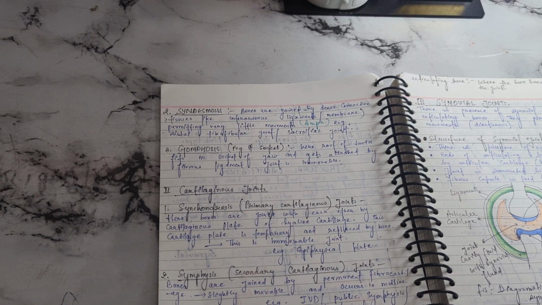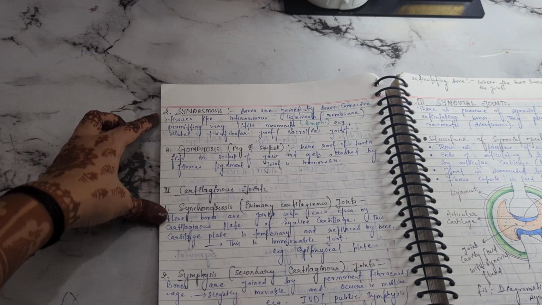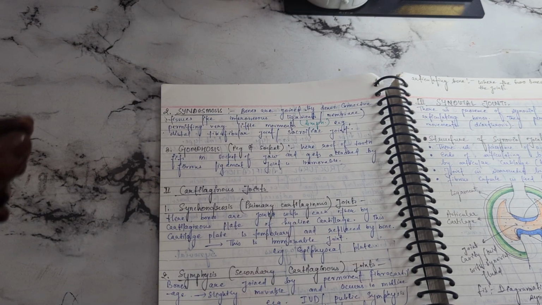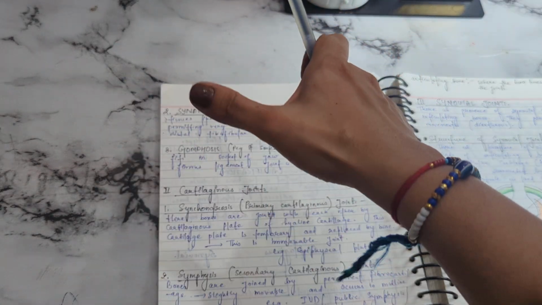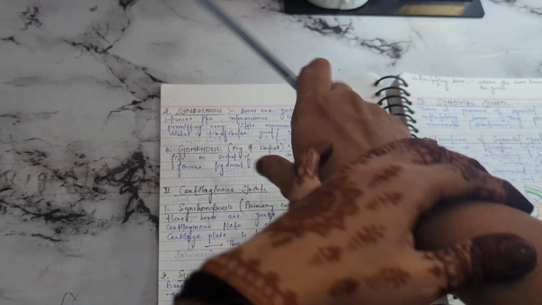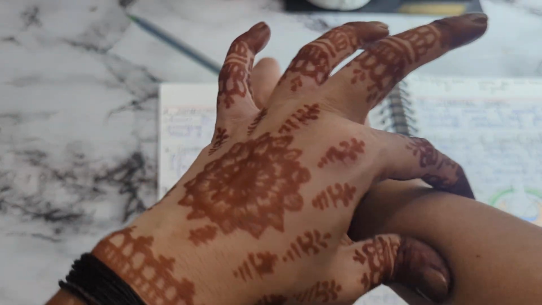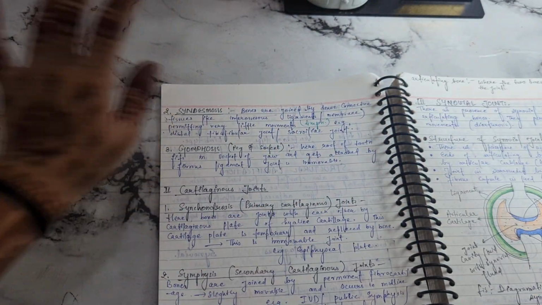They permit little movement, like the tibiofibular joint or radioulnar joint. This is the radius and this is the ulna. At the radioulnar joint the movement is very slight. These are known as syndesmosis.